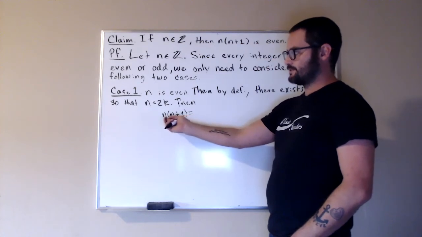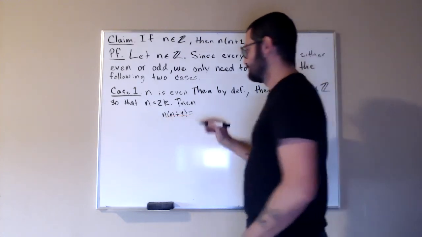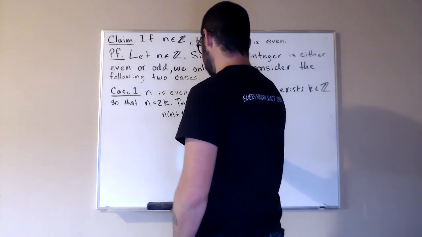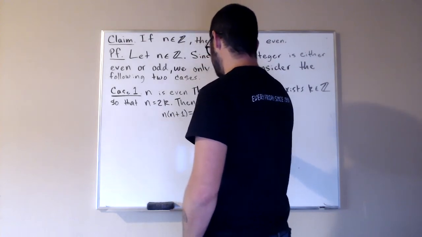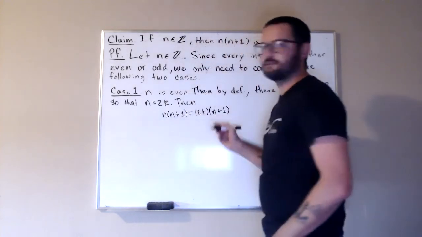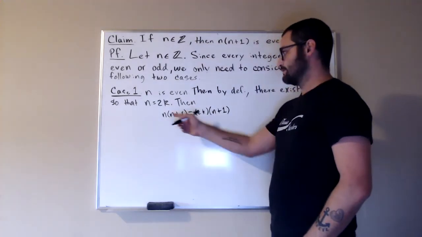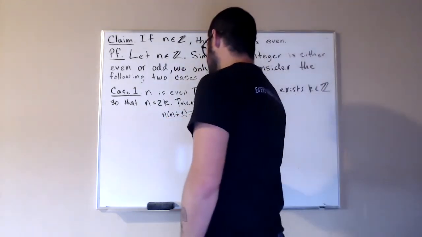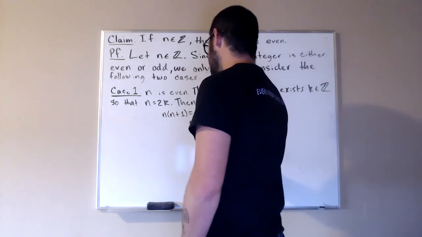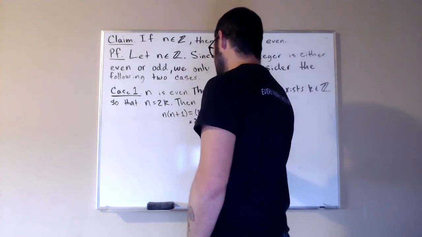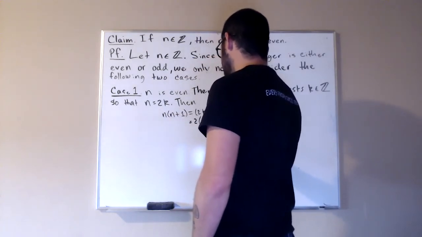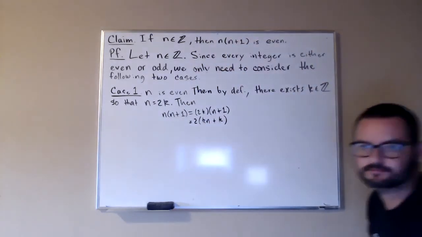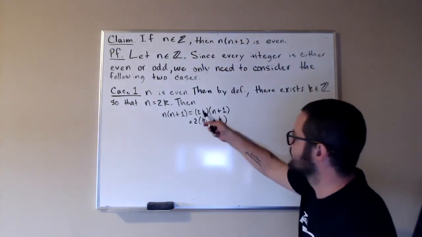I'm just going to change the first n, and you'll see why in a second. I don't need to even look at the other one. So n times n plus 1 is equal to 2k times n plus 1, but this is equal to 2 times k times n plus k. Just send in the k.